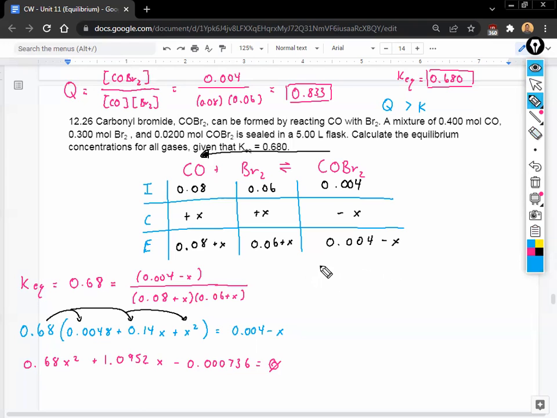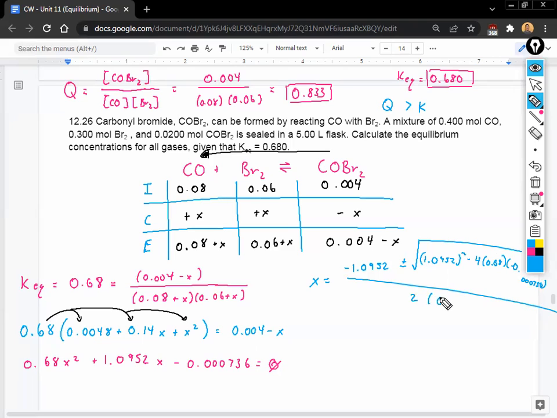So for quadratic, we'll do our great song: x equals negative b plus or minus the square root of b squared minus 4ac, where c is negative 0.000736, all over 2a. It's harder to do this while you're writing.